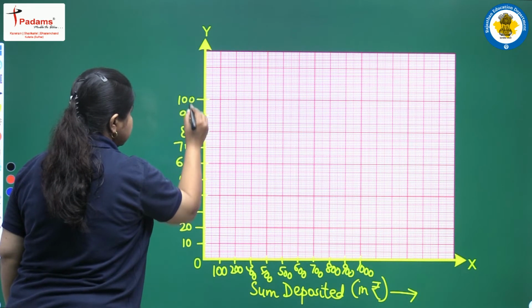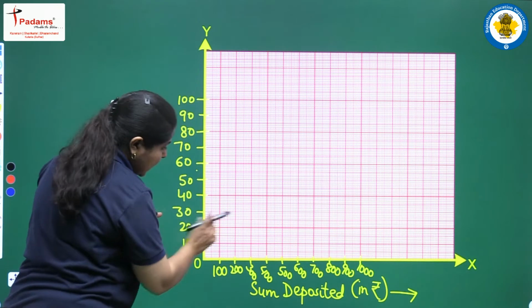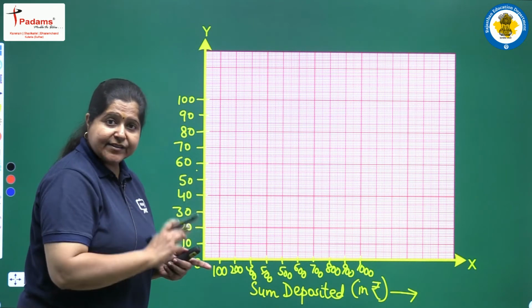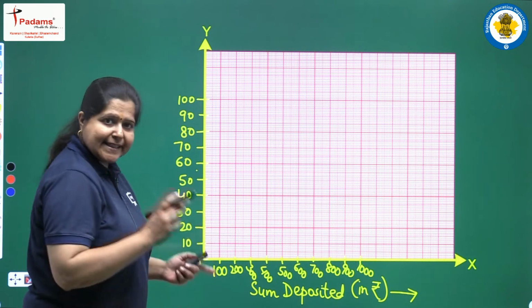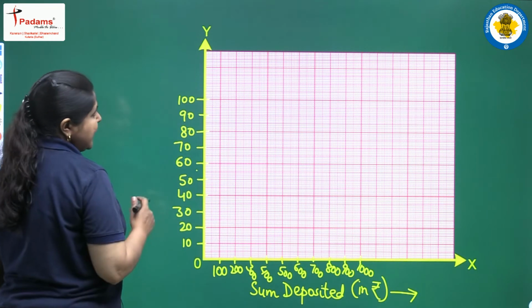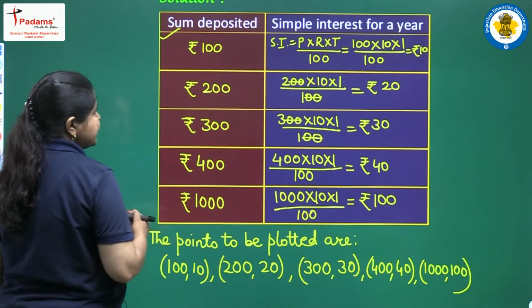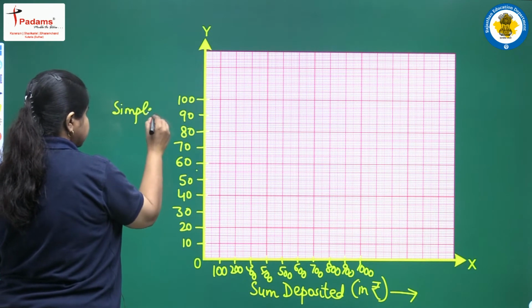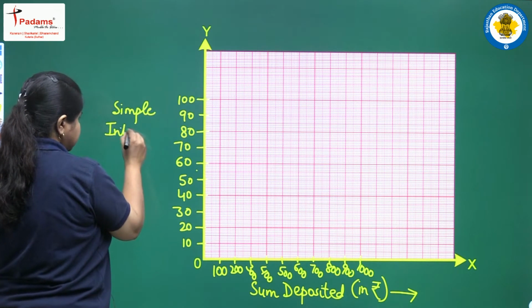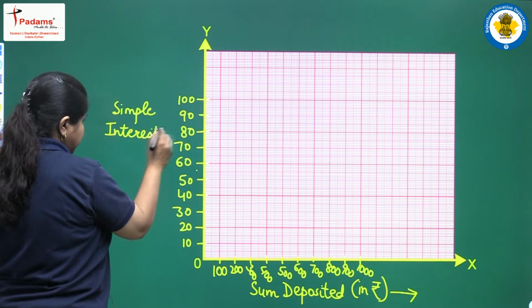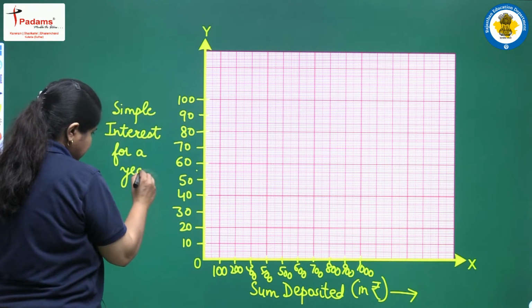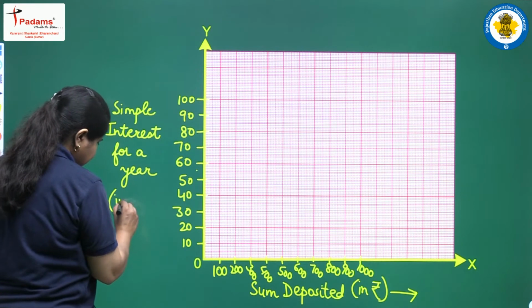Always remember, we mark the points along the dark lines on the graph paper. जो graph paper dark lines हैं उन्हीं पर हम axis draw करते हैं और उन्हीं पर हम numbers indicate करते हैं. And here we have taken simple interest for a year. So we write here simple interest for a year, and it is again in rupees.